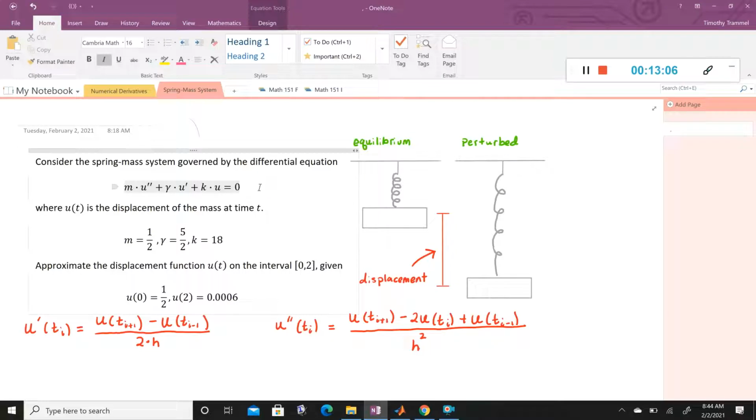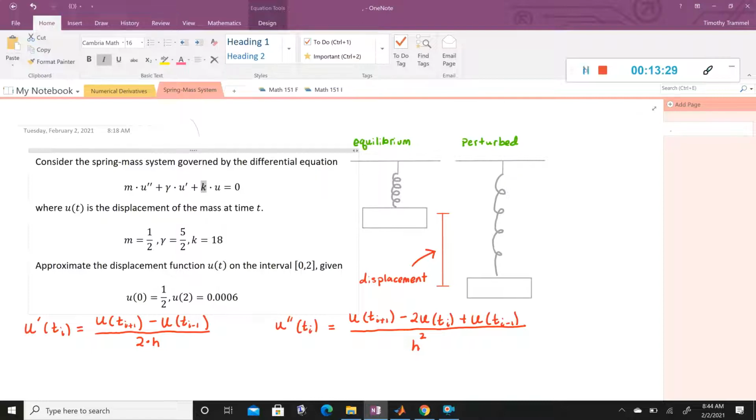And it is meant to describe the displacement of some mass as time varies. And this mass should be attached to a spring. So m here actually represents the mass. k is the spring constant.